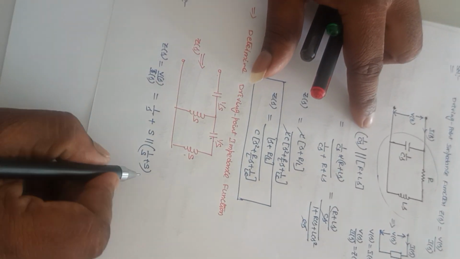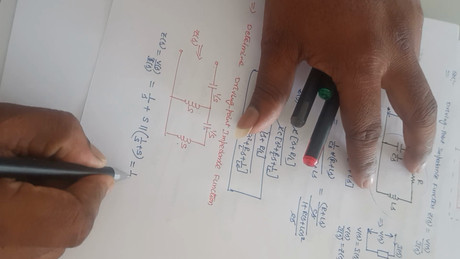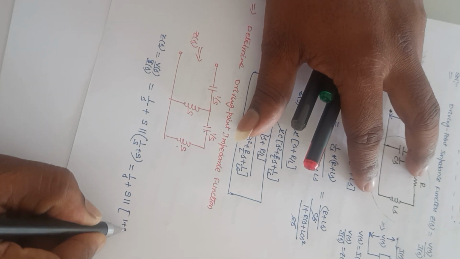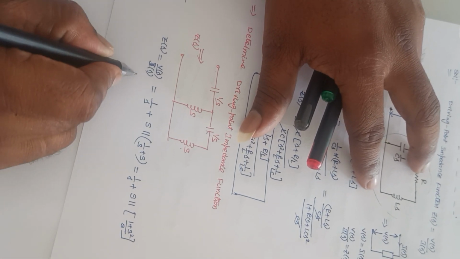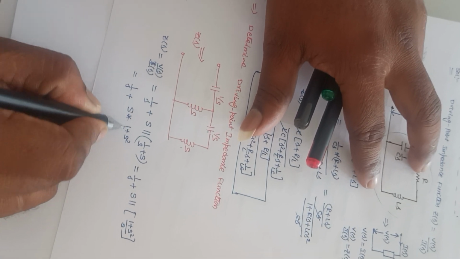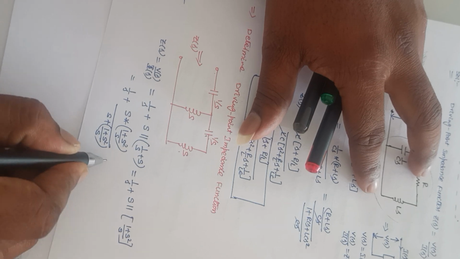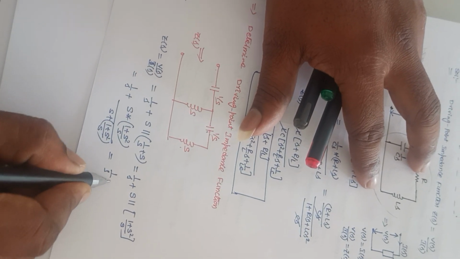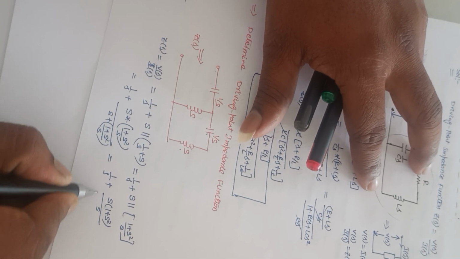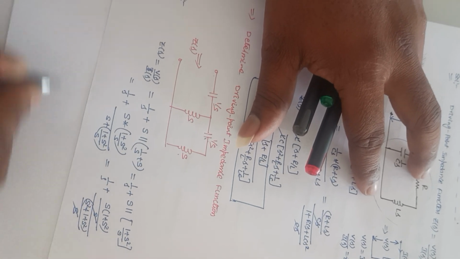Just we need to calculate the impedances. This equivalent impedance, that is 1 by S plus S in parallel with this 1 plus S square divided by S. So that is equal to 1 by S plus S into 1 plus S square divided by S, divided by S plus 1 plus S square divided by S. So it is 1 by S plus S into 1 plus S square divided by S, divided by S square plus 1 plus S square divided by S. This S and this S will get cancelled here.